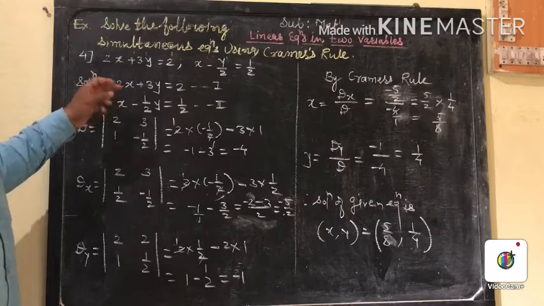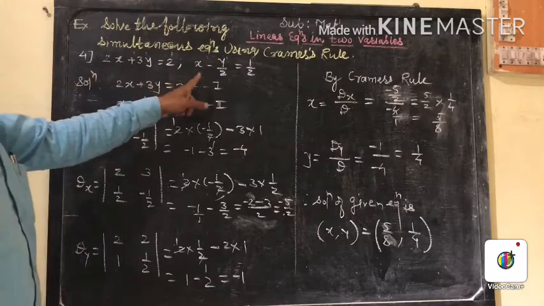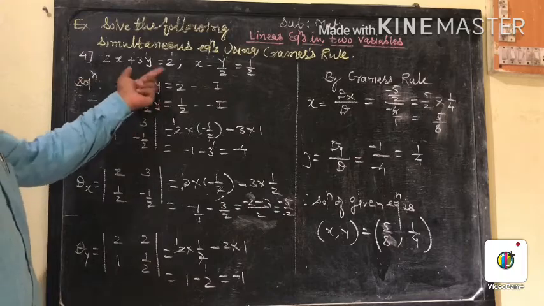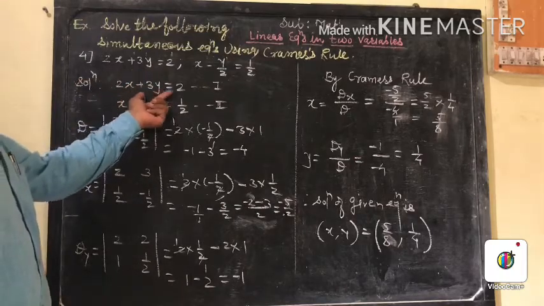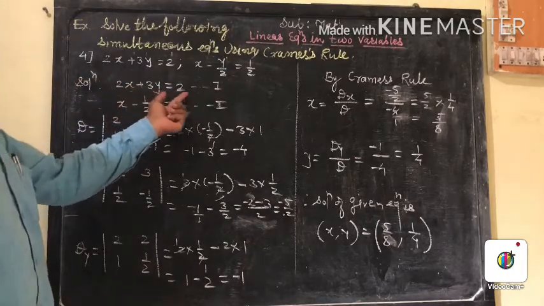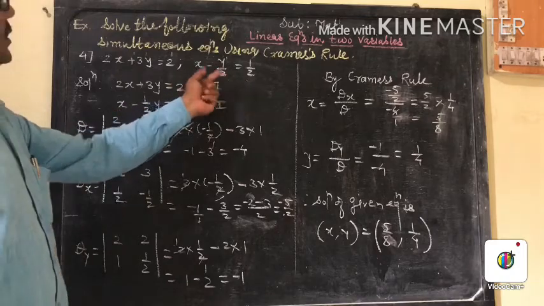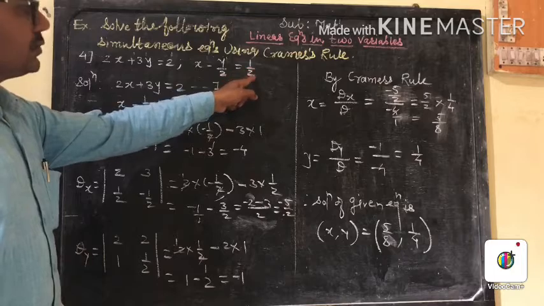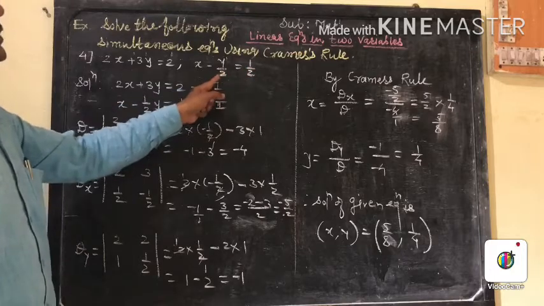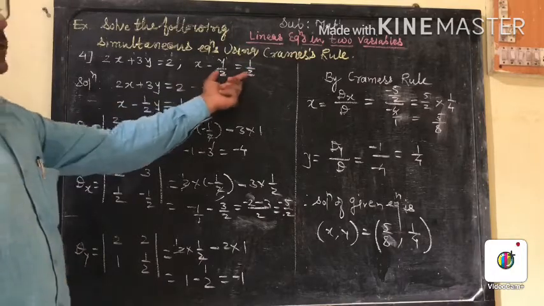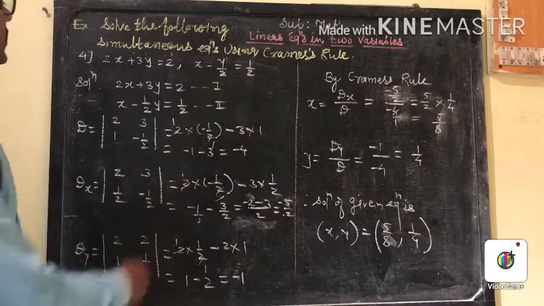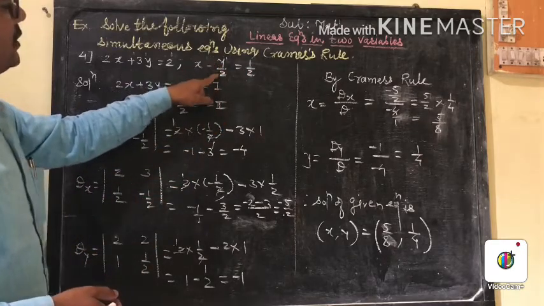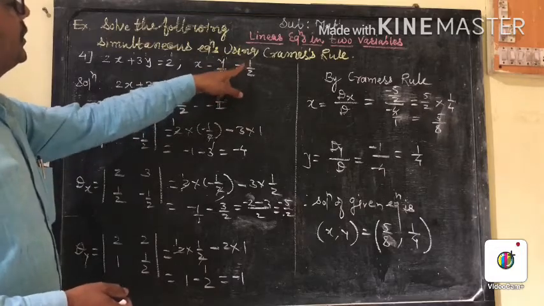One of the examples: 2x plus 3y is equal to 2, x minus y by 2 equal to 1/2. Now the first equation is in the form of ax plus by is equal to c. The second equation is also ax plus by is equal to c, but here there is a fraction. b is 1/2 here and c is 1/2 here.